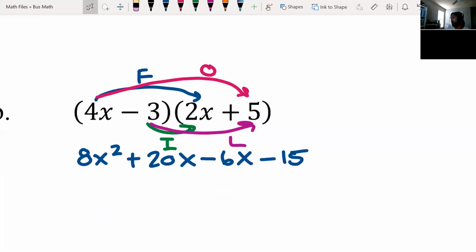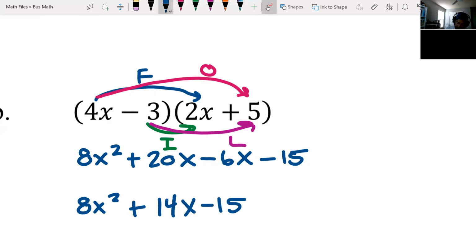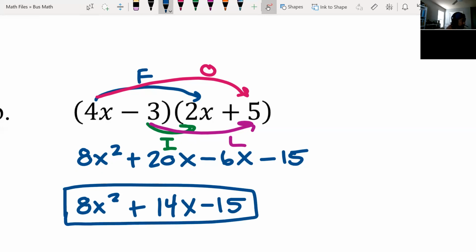So there's your FOIL method. First, outer, inner, last. And then you just combine like terms. So for this one, the 8x squared comes down, and then 20x minus 6x gives me 14x minus 15. There we go.